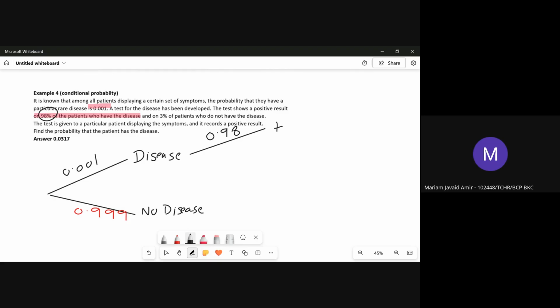So if a percentage is given, you just divide it with 100. So if a person has a disease, probability that the test result will come out to be positive is 0.98, which means that the probability of the test result not coming out positive, that is negative, would be 0.02. 1 minus 0.98.